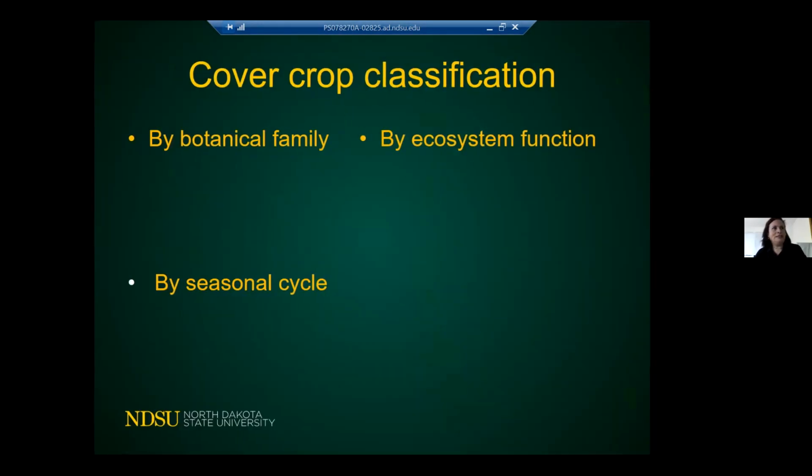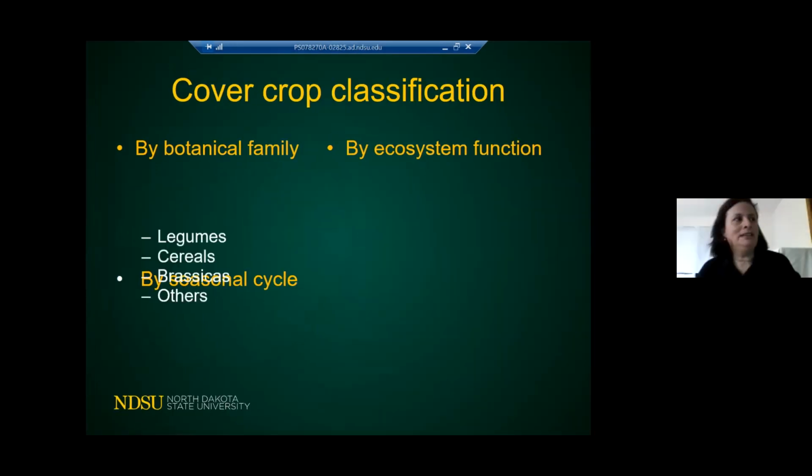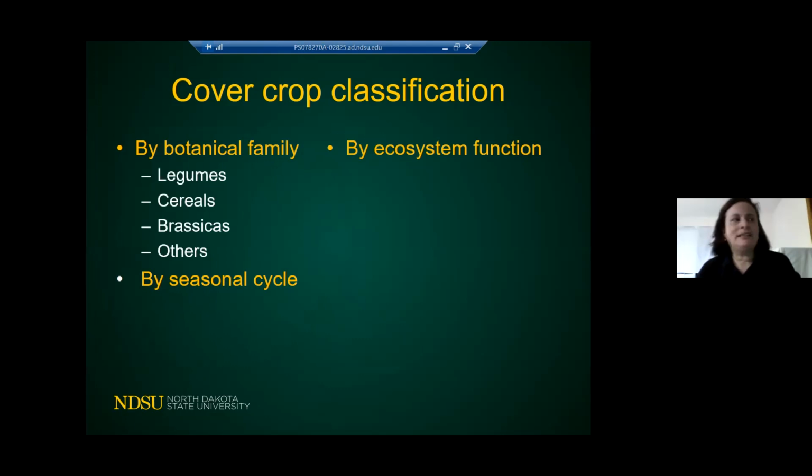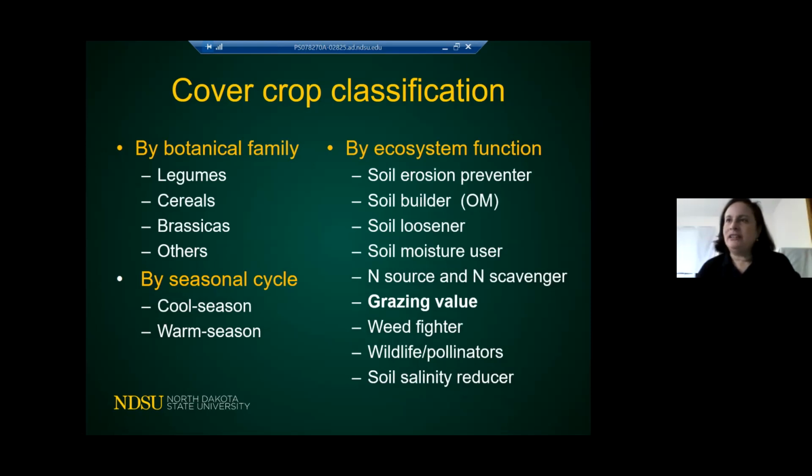So cover crop classification, we can classify them by botanical family: legumes, cereals, brassicas, and other families. By the seasonal cycle, cool season or warm season, that's very important. And by ecosystem function. These are the functions that different cover crops and different families do. It's going to be related to the objectives of what you want the cover crops for, and I'll show that later.